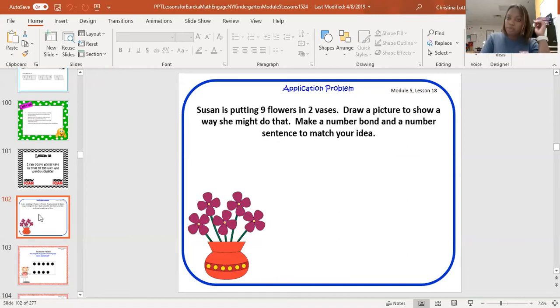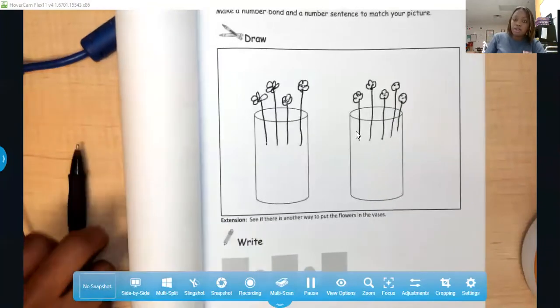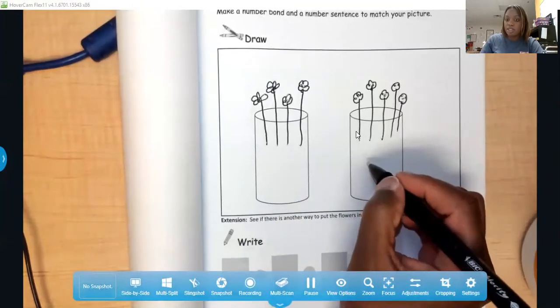All right. So I'm going to switch you guys over to the DotCam now so that you can see my flowers. Okay, so looking at what I have here, I put 4 flowers here and I put 5 here.